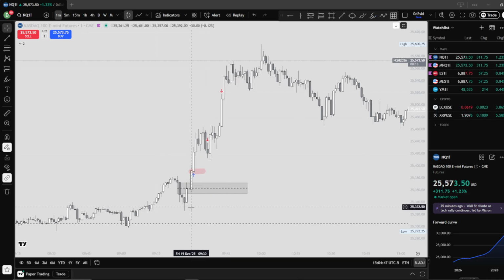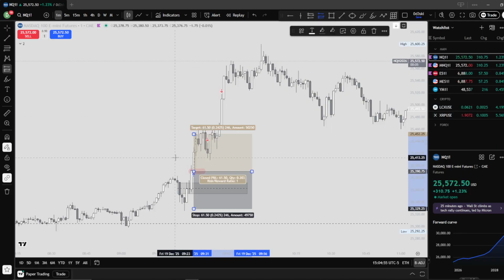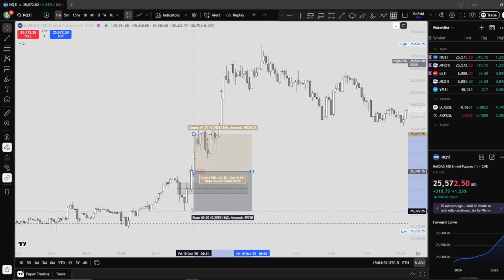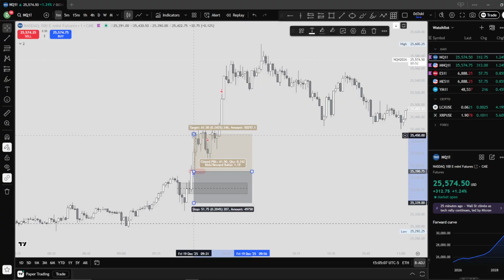I put my stop loss. Where did I put my stop loss? I can't exactly remember, but a logical place to put your stop loss in this type of thing is either below this low right here, if you want safety, or right below this low. It really doesn't matter.